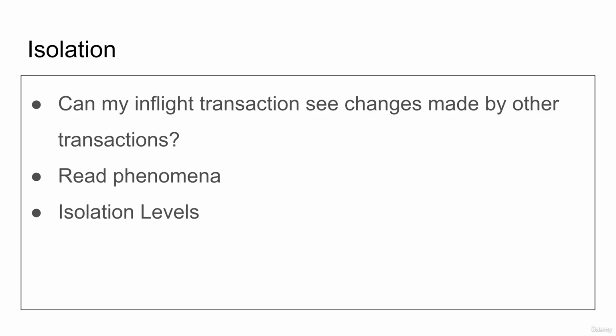This is dirty read and all that stuff. And we're going to talk about the isolation levels that a database can implement to get rid of the read phenomena. So without isolation, you get a bunch of read phenomena. We implement isolation levels to fix those problems.